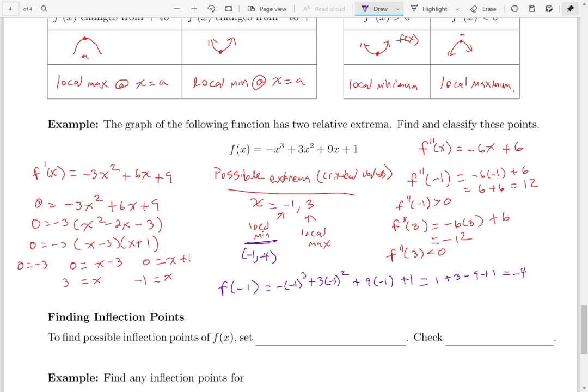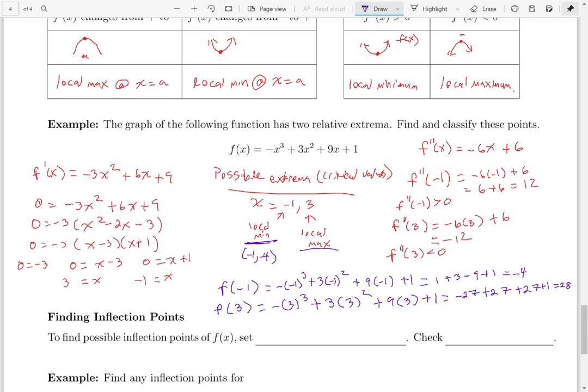And we can find the local max similarly. That's going to be f of 3, which is then negative 3 cubed plus 3 times 3 squared plus 9 times 3 plus 1, which I get as negative 27 plus 27 plus 27 plus 1, or 28.